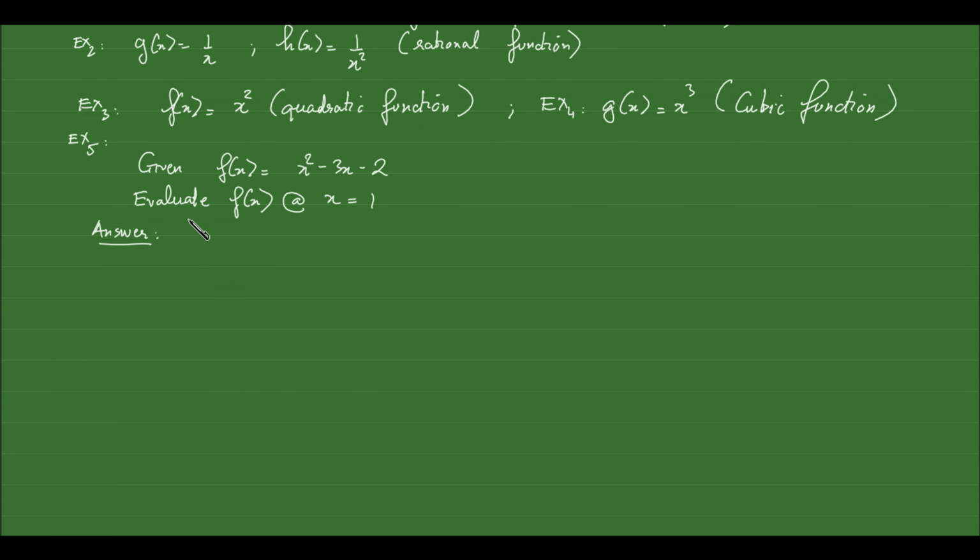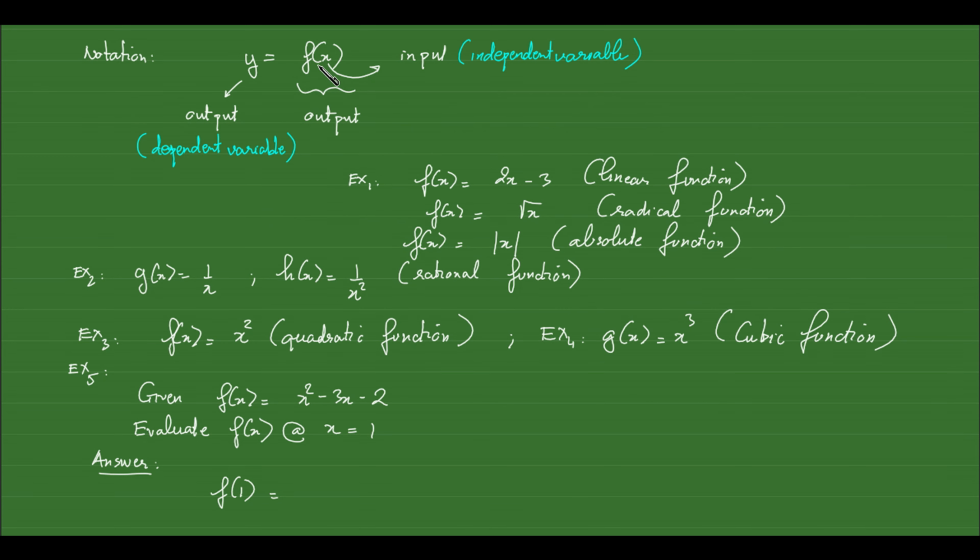When I say evaluate the function at x equal 1, it means that I want to find the output given the input of 1. So you calculate the output f of 1, right? Because according to the definition, the whole thing is output.